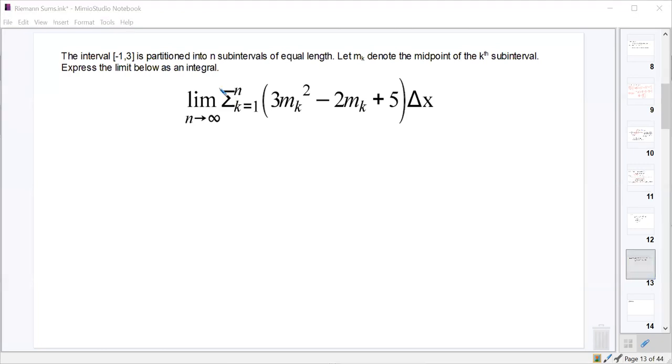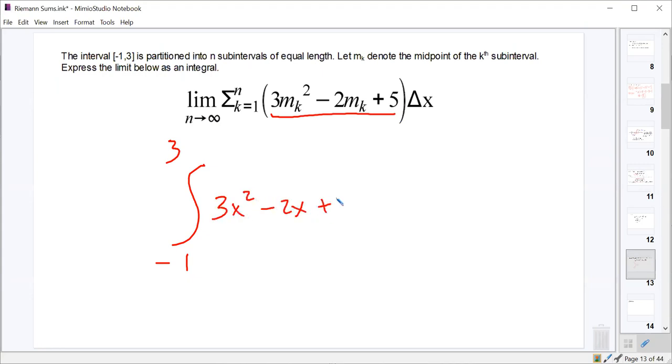Okay. All right, so if we have a limit as n approaches infinity of a sum from k equals 1 to n of 3 times m sub k squared minus 2 times m sub k plus 5 times delta x, and our interval is from -1 to 3, and these m sub k's are the midpoint of the kth subinterval, how could we rewrite this as an integral? We just say it's an integral from -1 to 3. These m sub k's can just be converted into x's to become our function, 3x squared minus 2x plus 5.